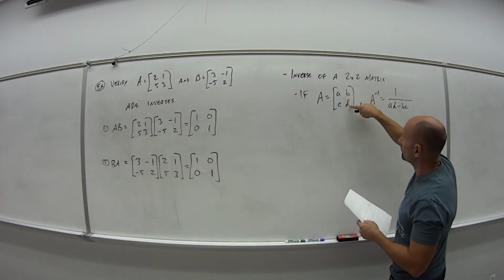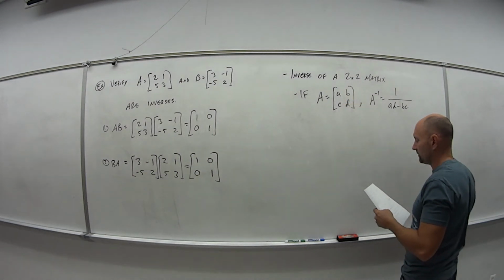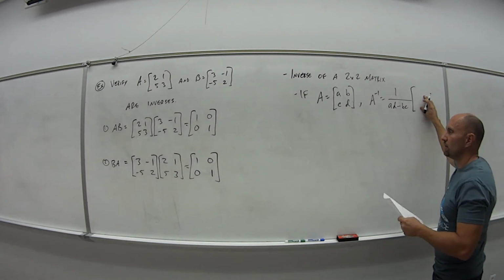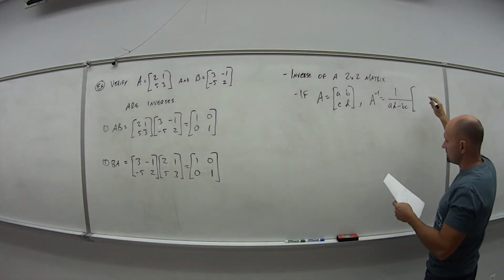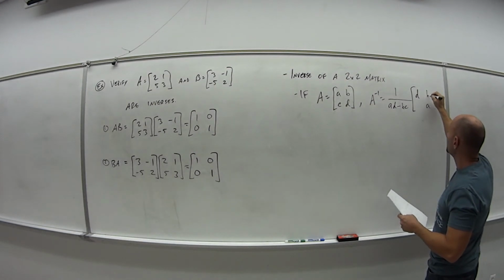I multiply a and d on the diagonal, and I subtract b times c. Then inside here, I switch a and d, and b and c I leave in place, but I put a negative on them.